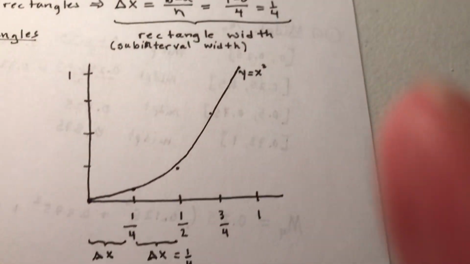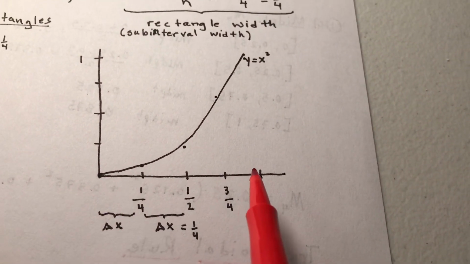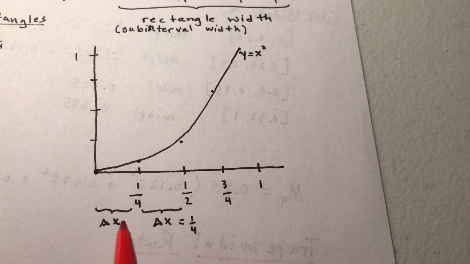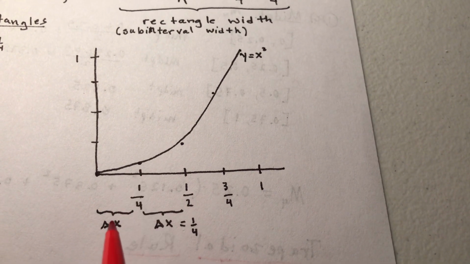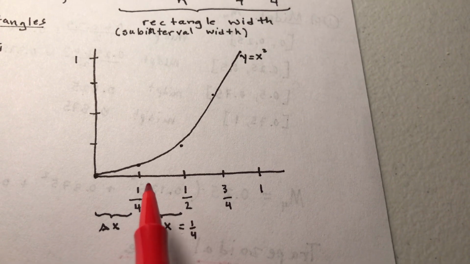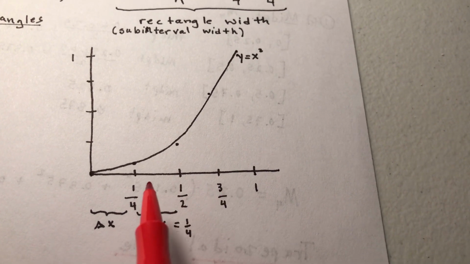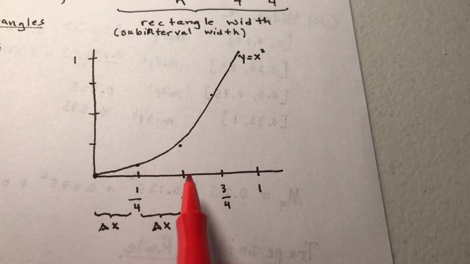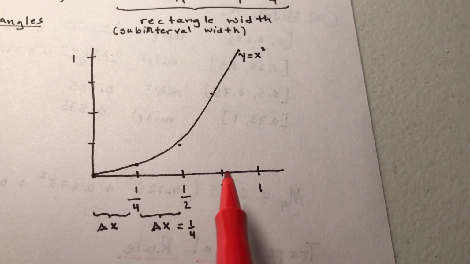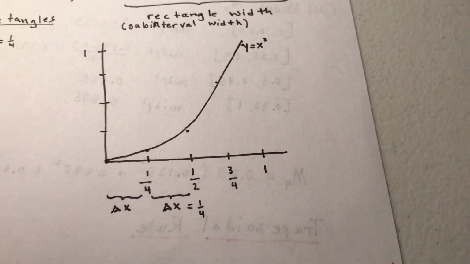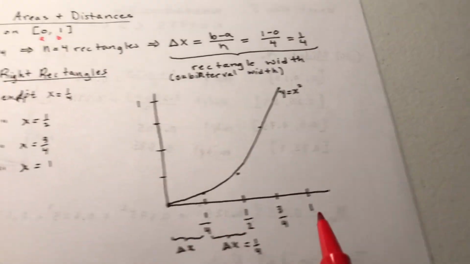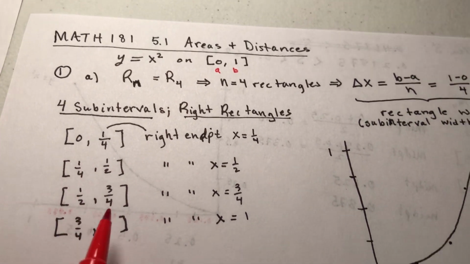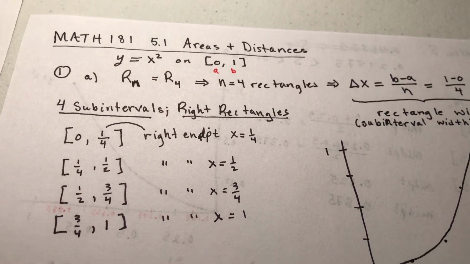What we are doing is taking 0 to 1 and dividing it into 4 equal pieces, and you get a width of 1/4. So each delta x is 1/4, and we have 0 to 1/4, 1/4 to 1/2, 1/2 to 3/4, and 3/4 to 1. Those are the 4 subintervals from 0 to 1.